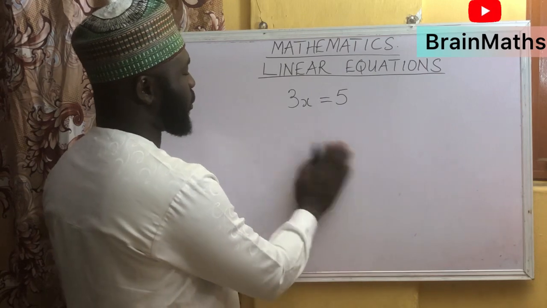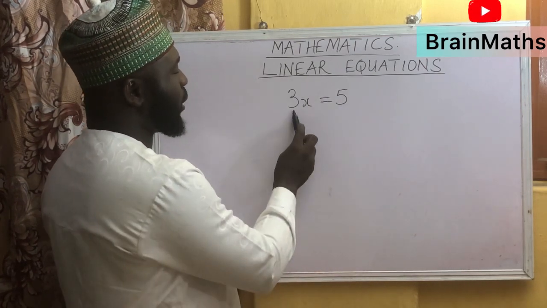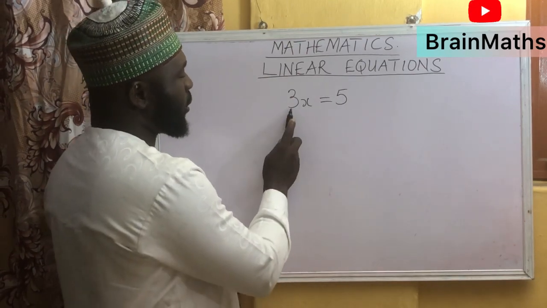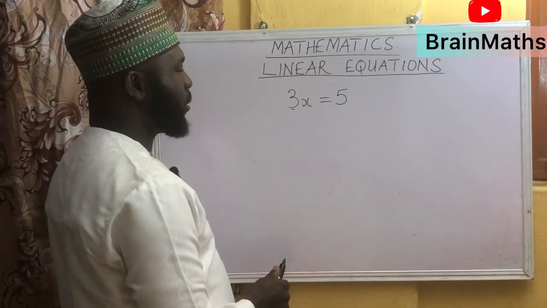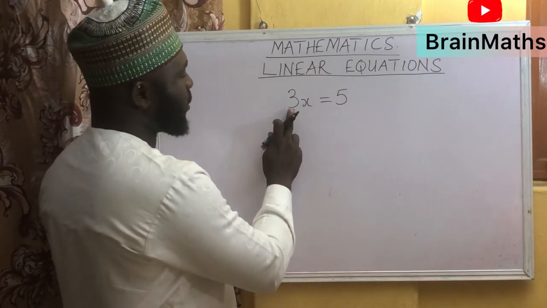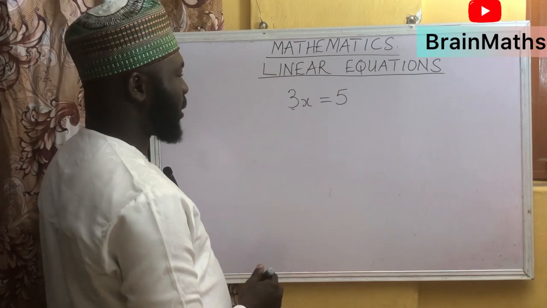So let's come back to the question at hand. We have 3x, which is equal to 5. So we have to look for ways to eliminate this coefficient of x, which is 3. And the only way to do that is to divide this side and this side by the coefficient of x.